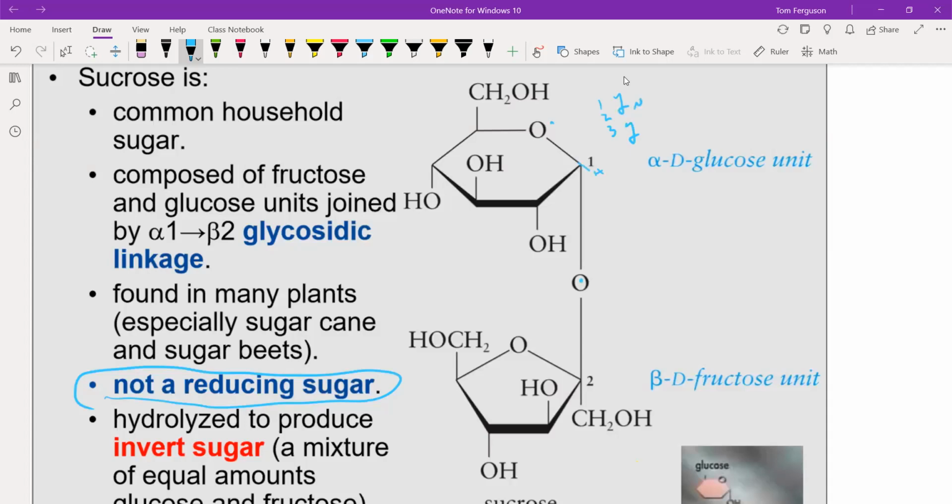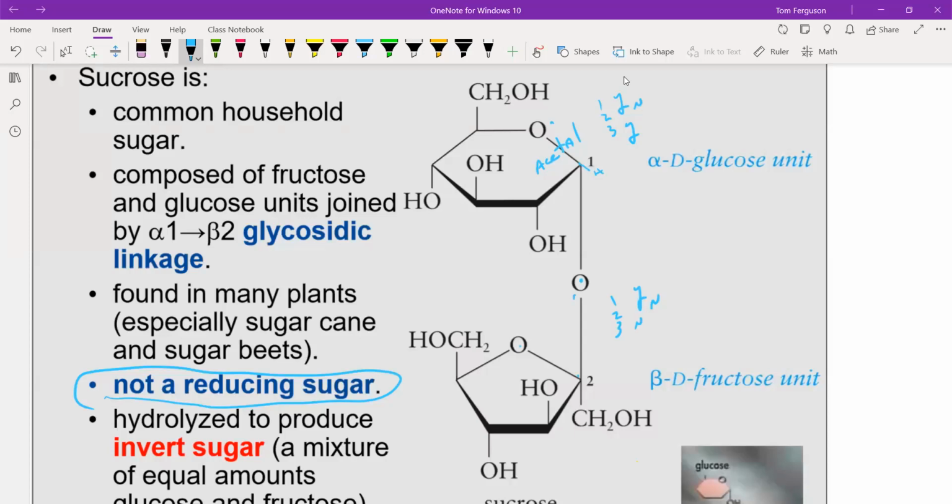So this is an acetal. We also have another one down here. We have OCO. No OH group, and we have a carbon here instead of the hydrogen.